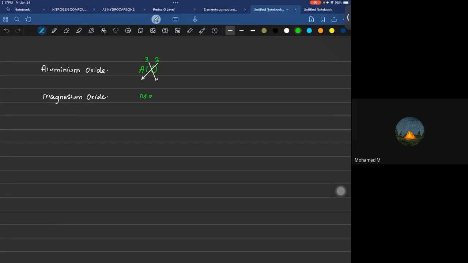Mg2O2. Wait. Oh, they cancel out. So what is the valency? If magnesium is in group 2 and oxygen is in group 6, they both have valency of 2, so it's Mg2O2.